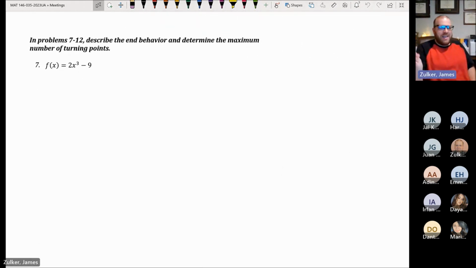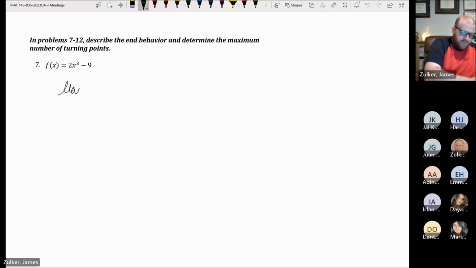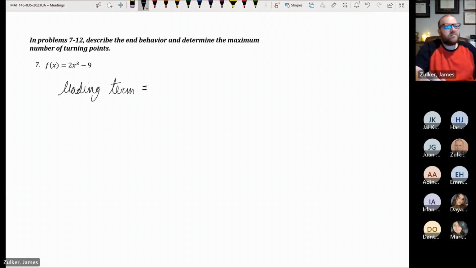Remember, when you're looking at end behavior, what you want to do is identify the leading term, because it's the leading term that dictates the end behavior. What is our leading term?